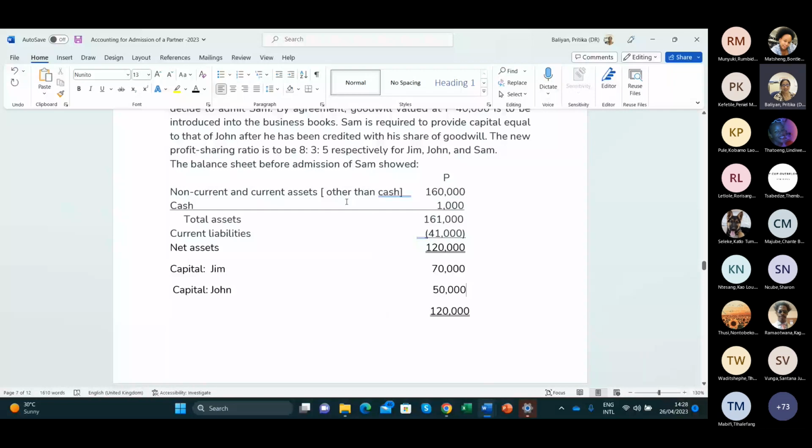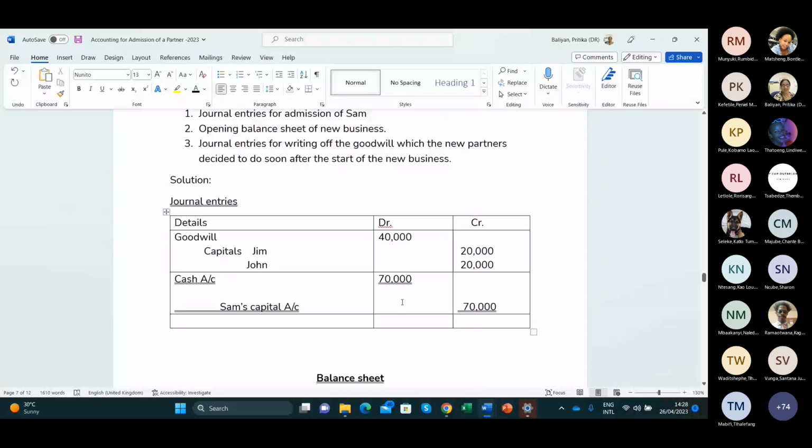1,000. And this new partner, Sam, when he joined, he provided capital equal to the share of John including the portion of goodwill, which is 70,000. He provided the capital with 70,000, right? Okay. So 1,000 plus 70,000, because this capital came as cash. So now the cash has become 71,000. Are we together?